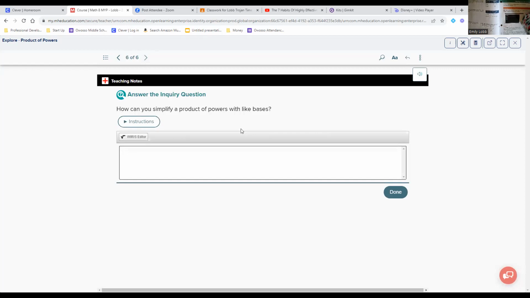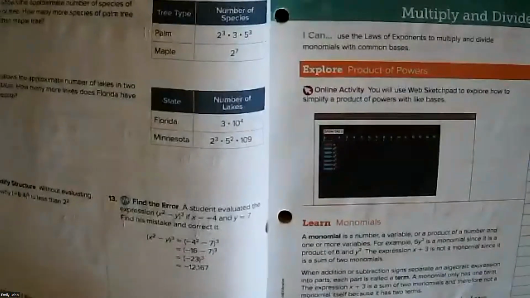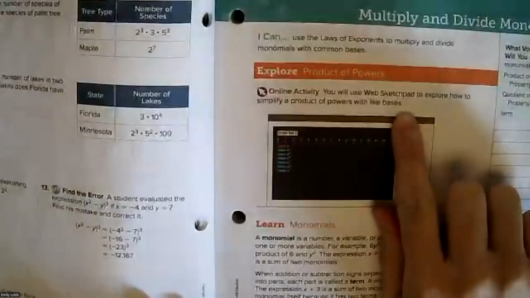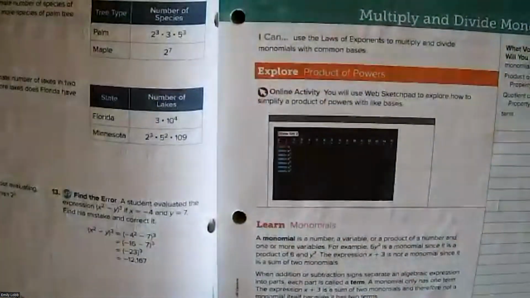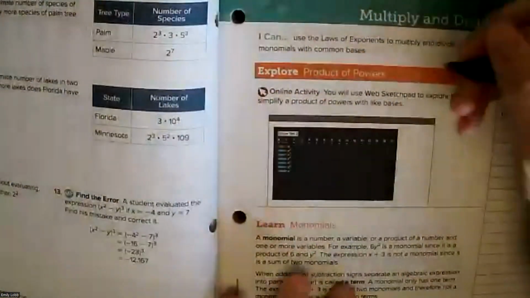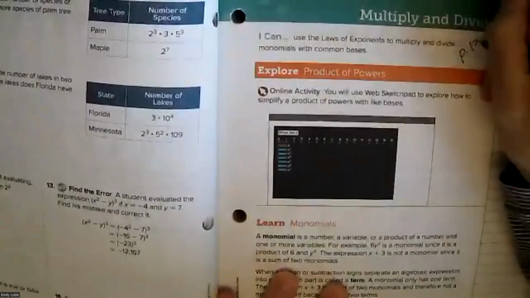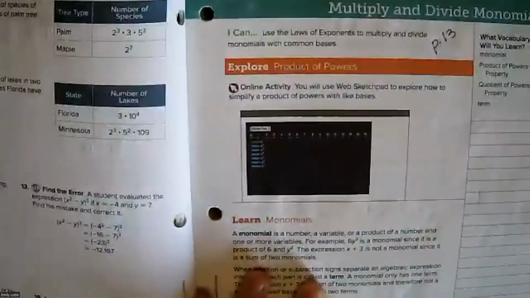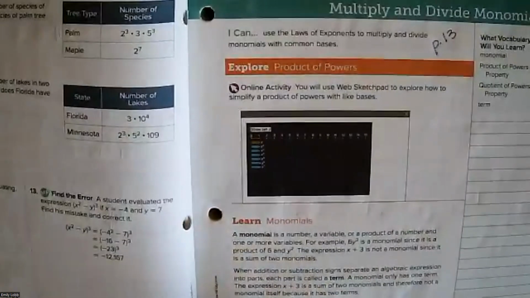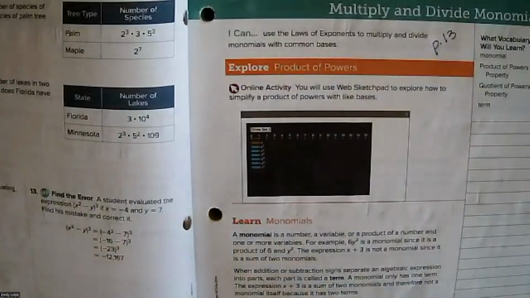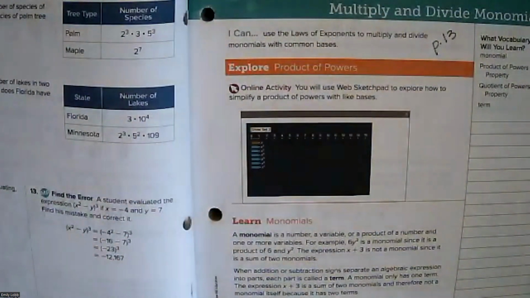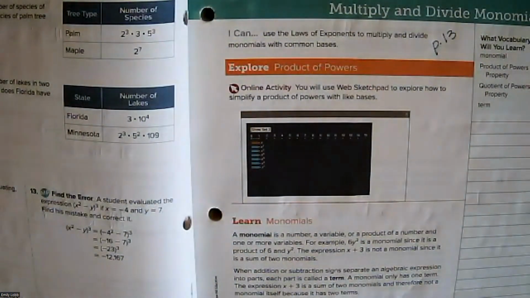So go ahead and set your Chromebook aside for a bit. We're going to now look at page 13. Page 13, we just did this explore activity already, but this is page 13 in your text. So turn to page 13. All of second hour should be in this section right here.